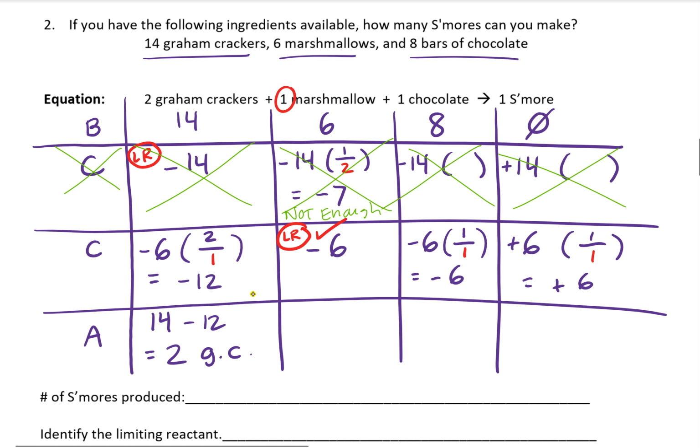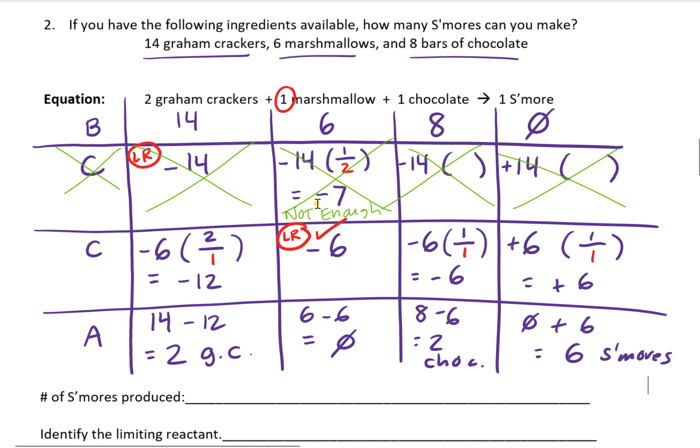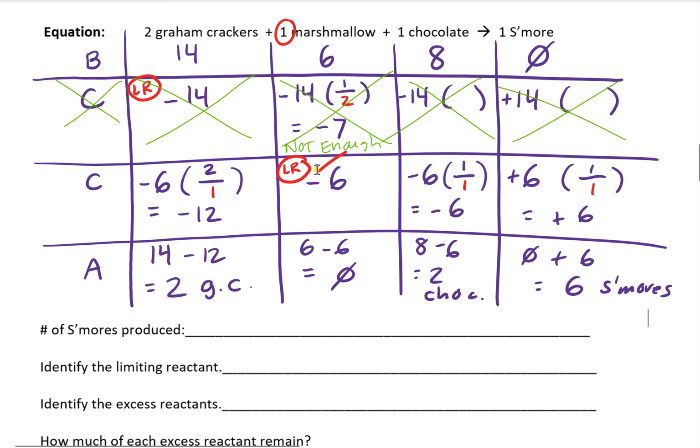For the marshmallows, since it's limiting, we expect it to be 0 at the very end, and indeed it is. 6 minus 6 is 0. For our chocolates, 8 minus 6, we'll have 2 chocolates left over. And for the s'mores, it'll be 0 plus 6. We'll end up making 6 s'mores. So I have my complete BCA table, and I have the full picture from start to finish of this reaction.